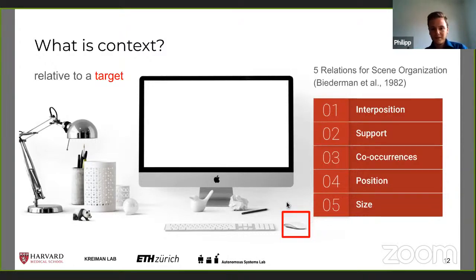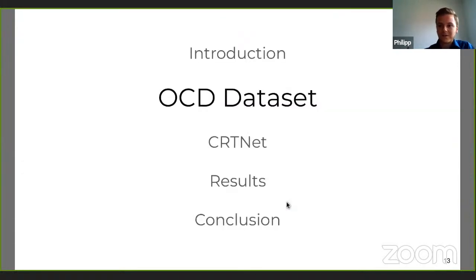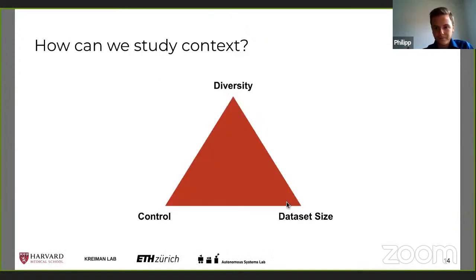Okay, so let's keep that structure in mind and transition to the data set that we generated here. As you know now, we are faced with quite a tricky task. We want to have a data set that provides us with a lot of diversity.